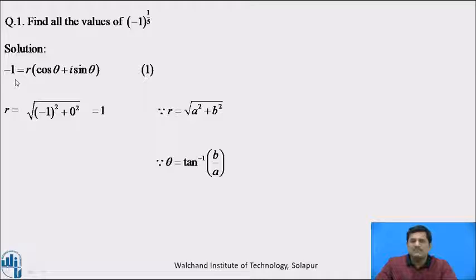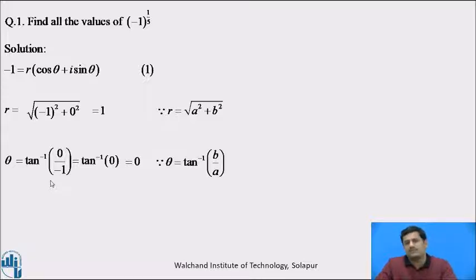Here b is 0 and a is minus 1, so theta is tan inverse of 0 by minus 1, that is tan inverse of 0, which is 0. Substituting the values of r and theta in equation number 1, we get minus 1 is equal to 1 into the bracket cos 0 plus i sin 0.